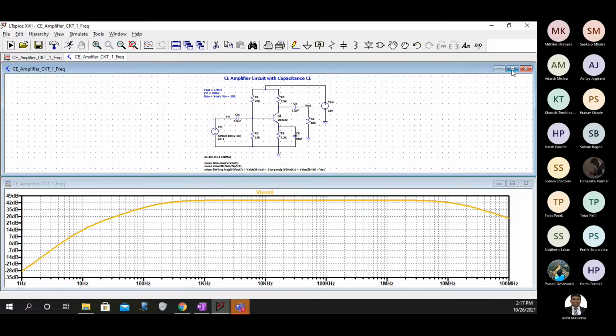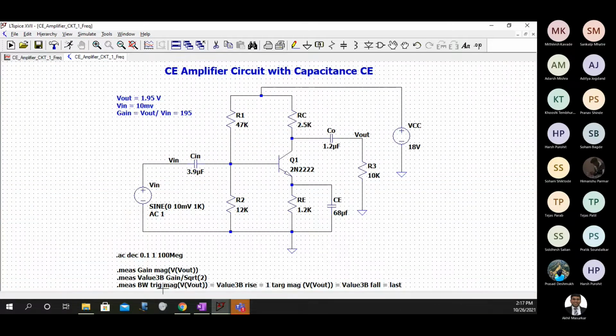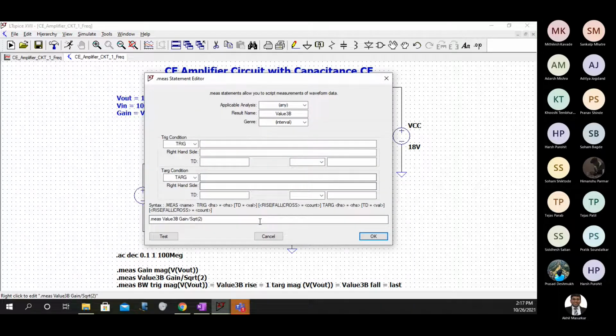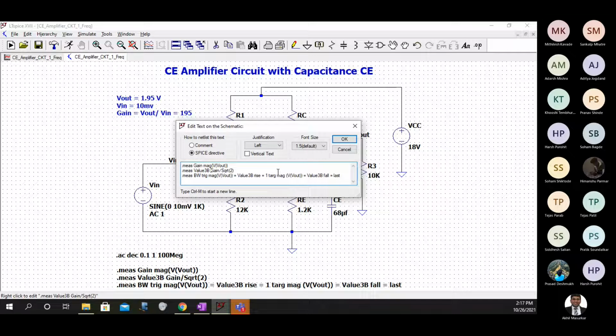There's some more problem there. So gain, okay. So I missed one more line here, that is value 3 dB gain param.